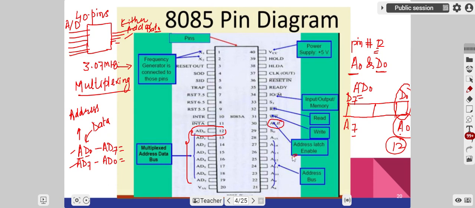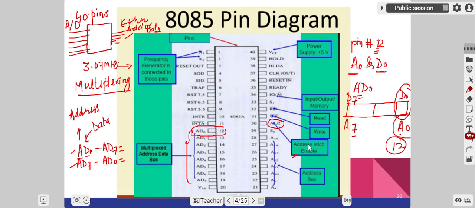This pin enables the address out of these multiplexed pins, and enables the data out of these multiplexed pins as well. Depending upon the requirement and the clock cycle, when we require the address from these pins, it can be demultiplexed using the address latch enable pin. Likewise, when we require data out of this multiplexed address data bus, we can demultiplex that with the help of address latch enable.